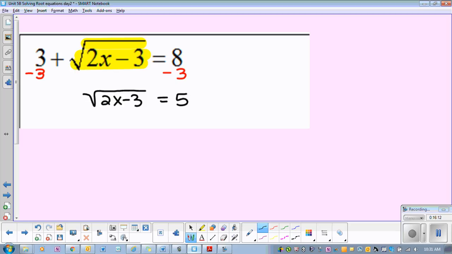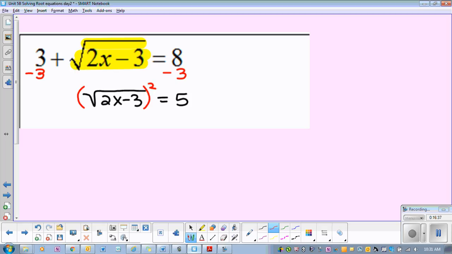Now, guys, how do I get rid of the square root? How do you get rid of the root? Take it to the power. But what power? 2. Okay?